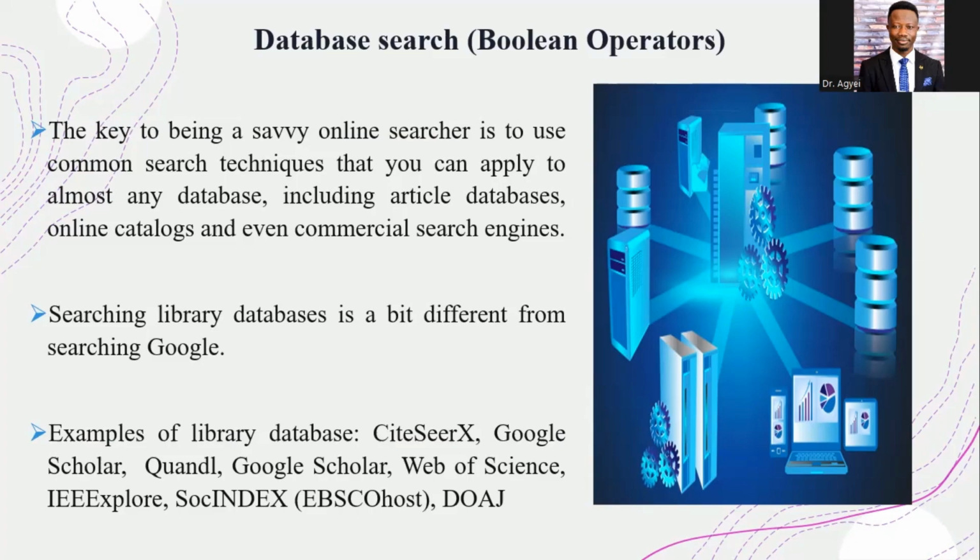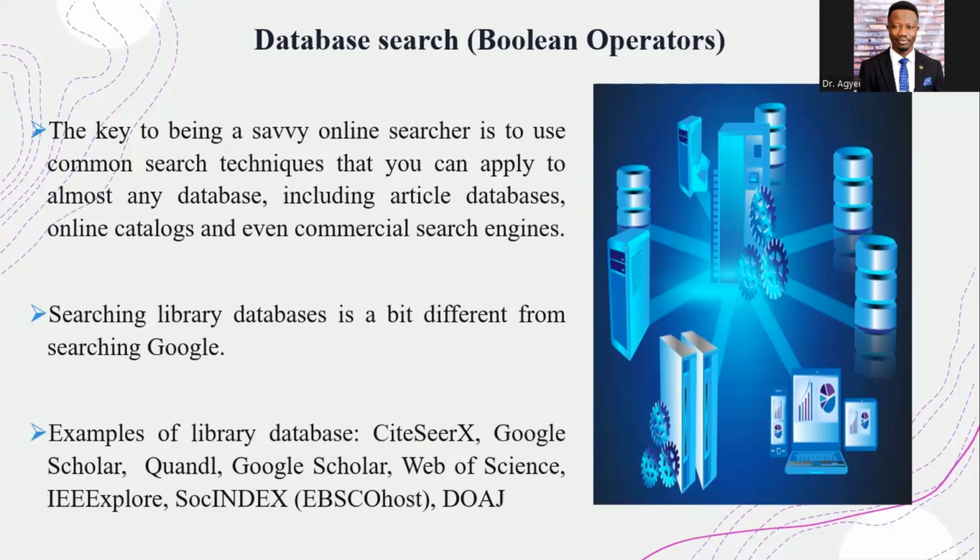These are databases where you can get scholastic materials, and they are very important because they help you get the article you are looking for within the shortest possible time for your studies.